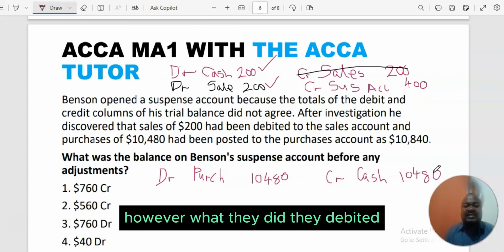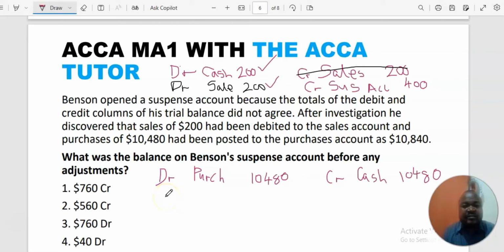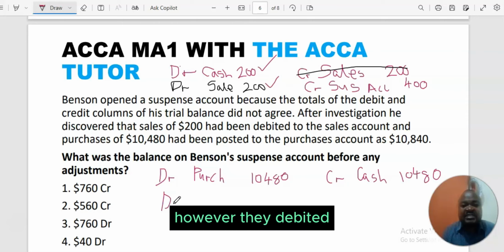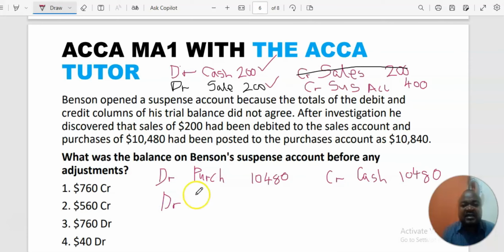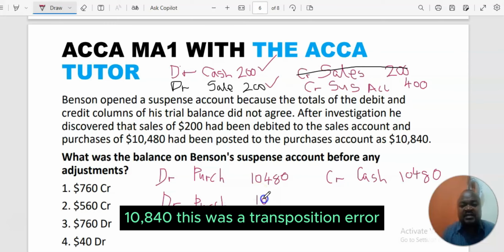However, what they did, they debited purchases $10,840.